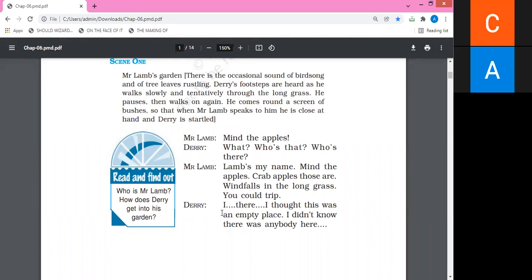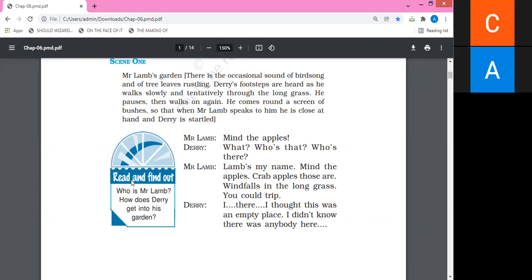Just speaking like that, he thought it was an empty place. He was highlighting that he had thought it was an empty place. He didn't know there was anybody there, that he was not aware that there was somebody in that garden. I think you are very clear about the answer to this query.